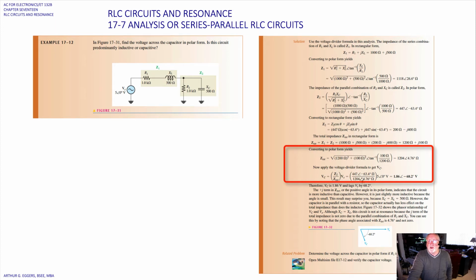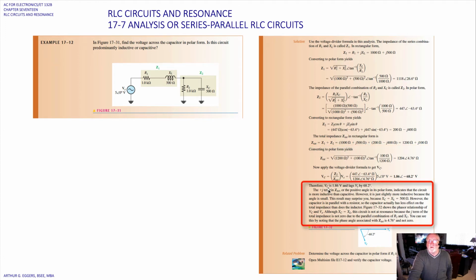So you've got your terms here. Since we're dealing with a product and a quotient, you use the polar forms because that's the easiest way. You end up with 1.86 at an angle of minus 68.2 in volts. So therefore V sub C is 1.86 volts and lags the source by 68.2 degrees.